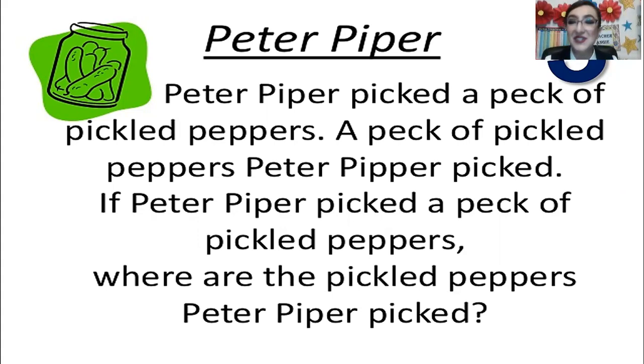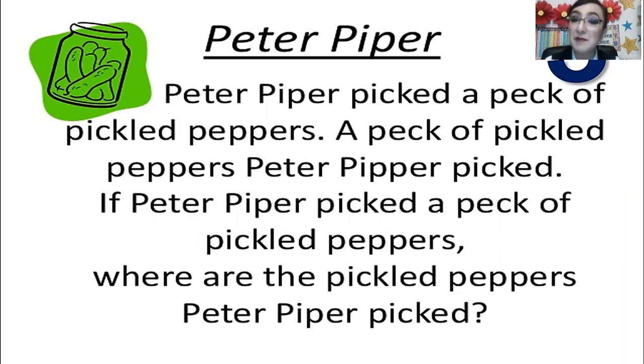Now it's your turn. Try to do it. You can do it. One more time. Come on. You can do it. Peter Piper picked a peck of pickled peppers. A peck of pickled peppers Peter Piper picked.